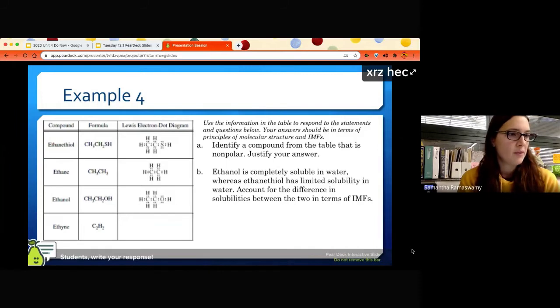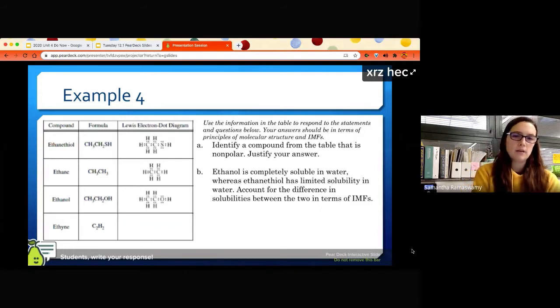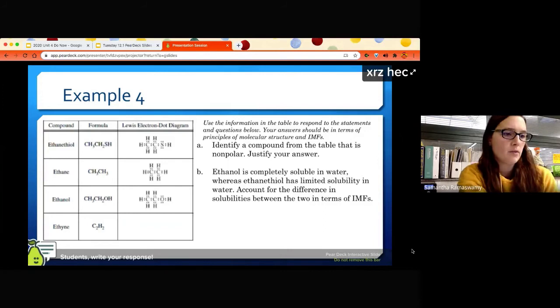I see a lot of people with their answer to A looks good. We'll talk about the reasoning for A because AP was looking at specific reasonings, but it looks like pretty much everyone has one of the two correct nonpolar substances. I see some people for B. Good. They're talking about the difference in intermolecular forces.